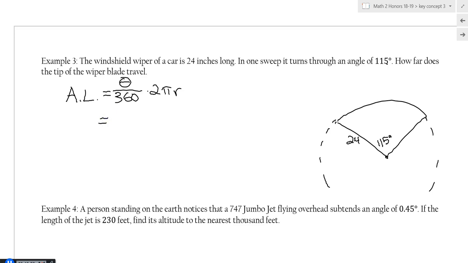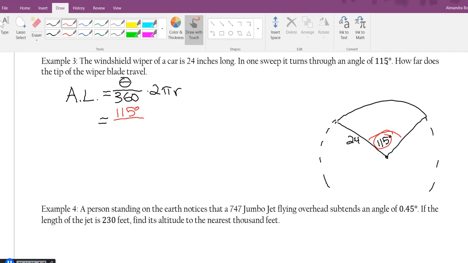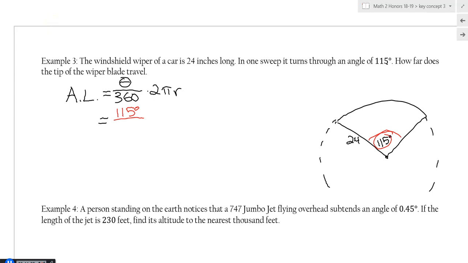So I know my angle, right? My angle is 115, coming from here, over 360, times 2 pi, and then our radius, right, since the tip of our wiper blade was 24 inches, 24. Okay.